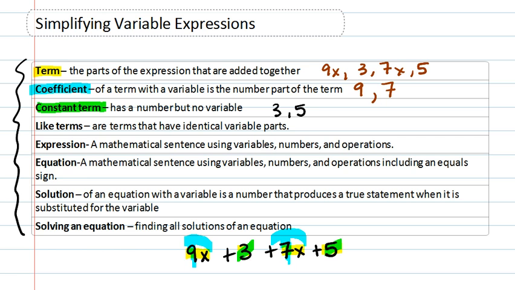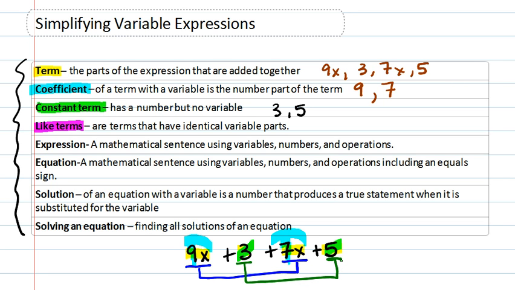The last term here is like terms. These are terms that have identical variable parts. If you look at this specific expression, 9x and 7x have identical variable parts. We could basically say the same thing about 3 and 5 because they don't have a variable.